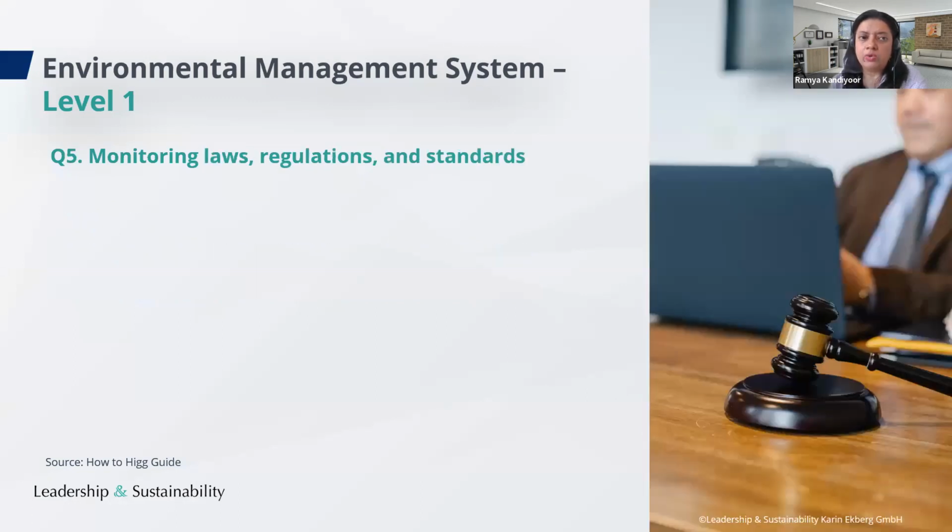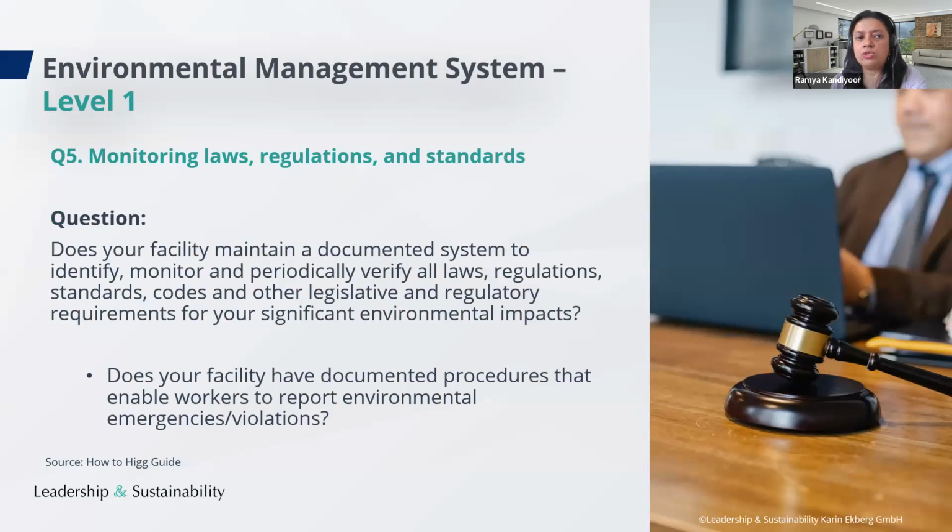And when we are looking at question 5, it is also similar. This is with regard to the laws, regulations, and the standards. And the question here again is, does your facility maintain a documented system to identify, monitor, and periodically verify all laws, regulations, standards, codes, and other legislative and regulatory requirements for your significant environmental impacts?